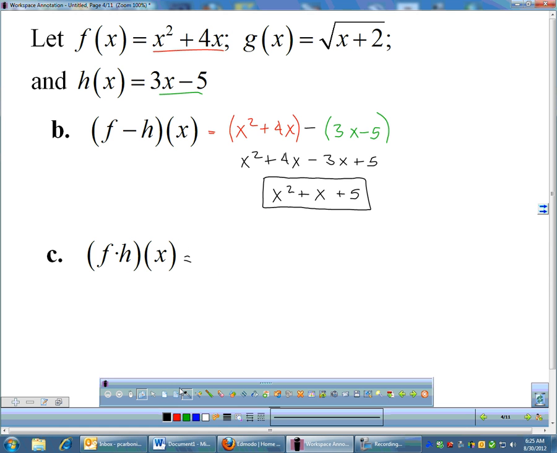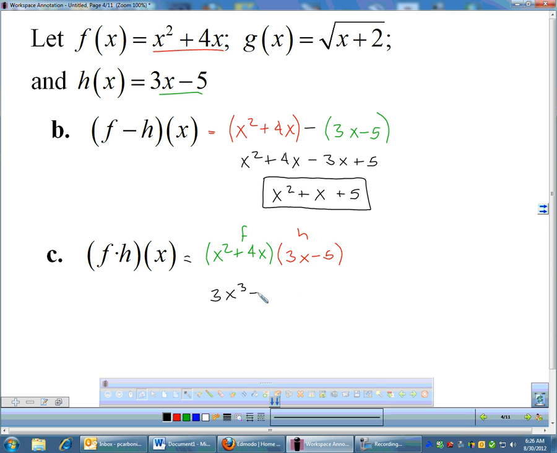F of x times h of x. Again, same. We're just going to do f, x squared plus 4x times h of x, which is 3x minus 5. So there's h. This one's f, and we're multiplying those. And I do want you to completely multiply this thing out. So a lot of your teachers do foiling. This is x squared times 3x. That's 3x cubed.